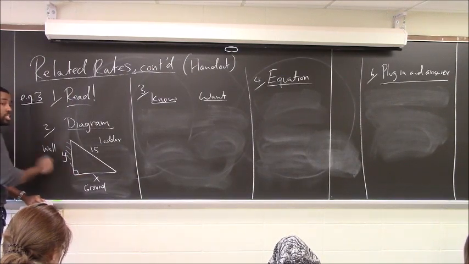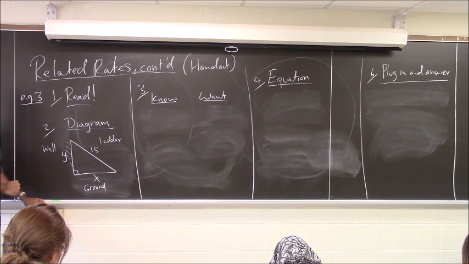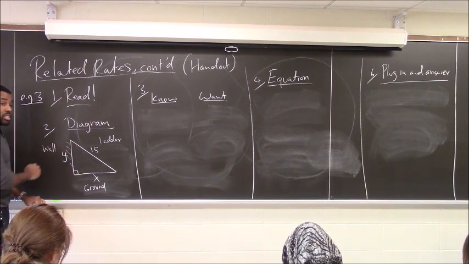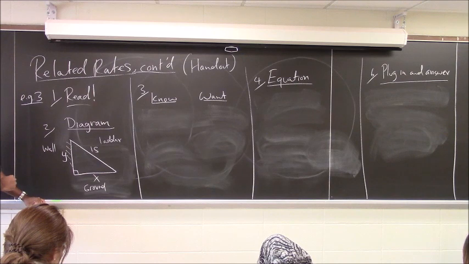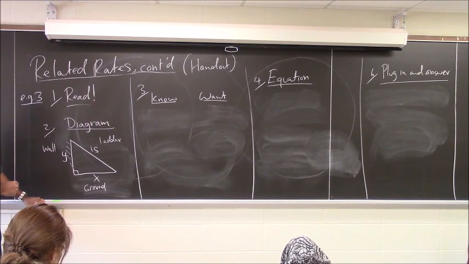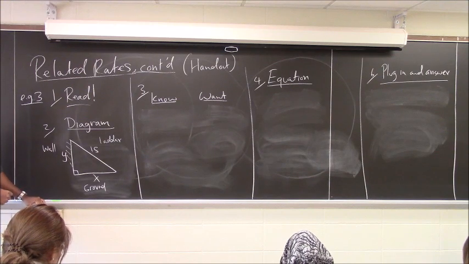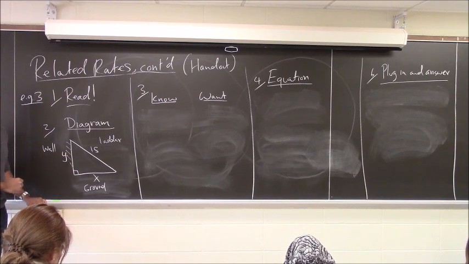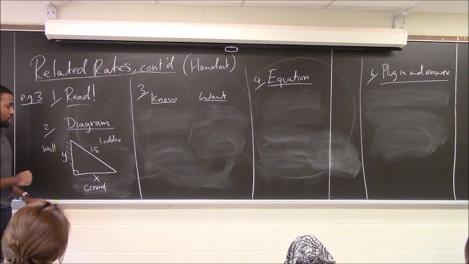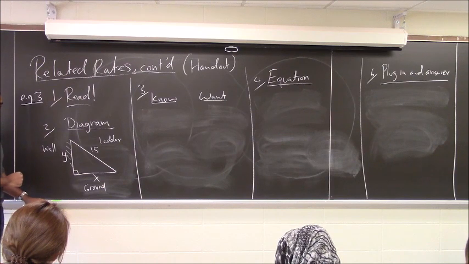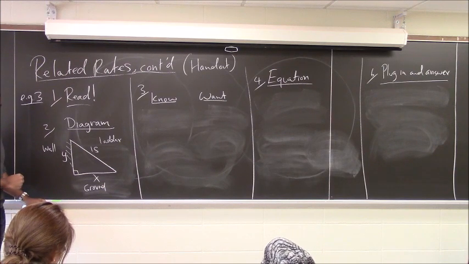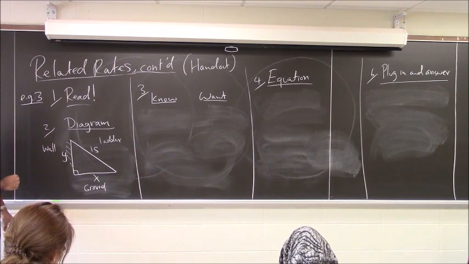These are changing in length, therefore we label them with variables. The ladder itself is 15 feet. It will always be 15 feet. The ladder is never going to change length. So I label that with 15. I would not label this with a variable because it is not changing. Draw a diagram, label things that are changing with variables, label anything not changing with constants. That is the rule.